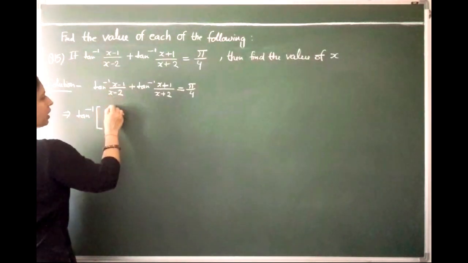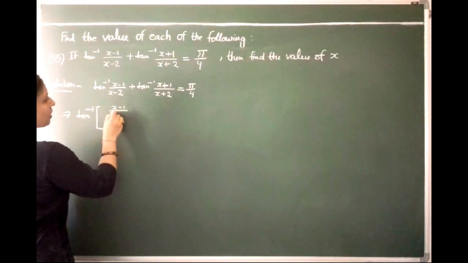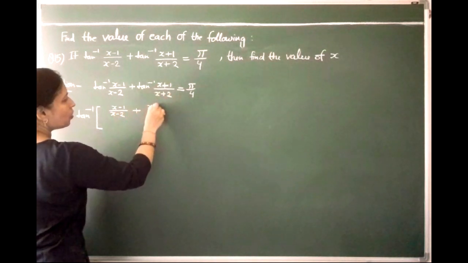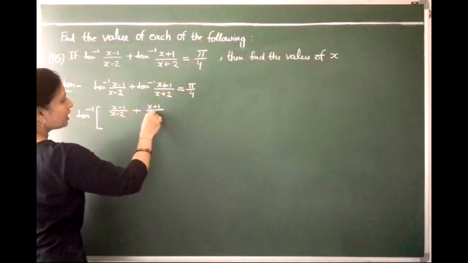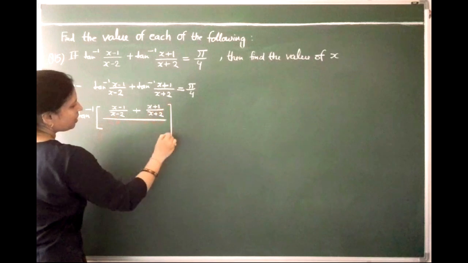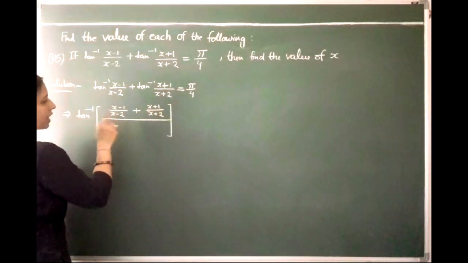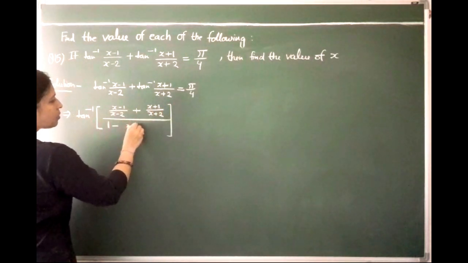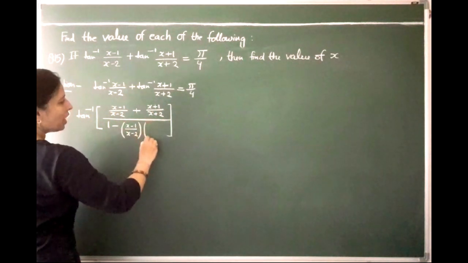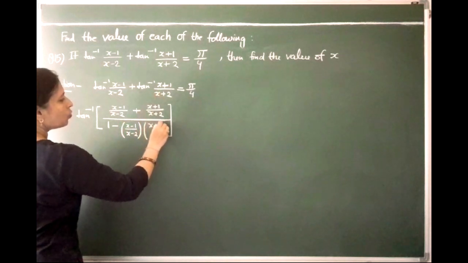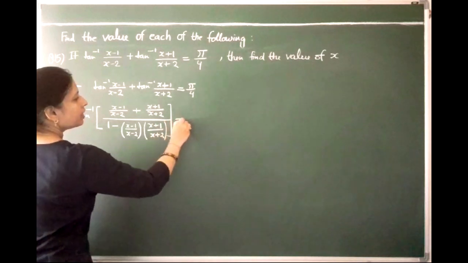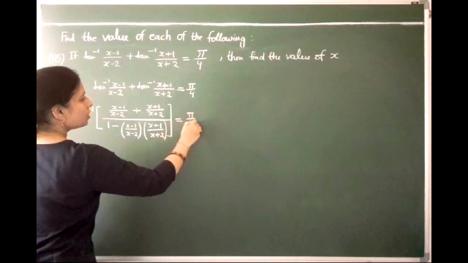X is here (x minus 1) divided by (x minus 2), plus y. Y is here (x plus 1) divided by (x plus 2). And it is divided by 1 minus x, where x is (x minus 1) divided by (x minus 2), into y, where y is (x plus 1) divided by (x plus 2). This is equal to pi by 4.